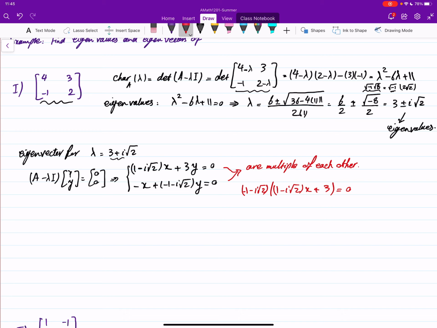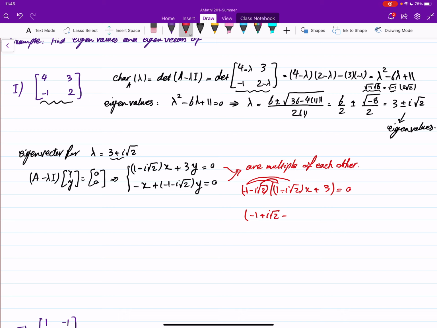So here I have two complex numbers I want to multiply. Minus 1 times 1 is negative 1. Minus 1 times minus i root 2 will be plus i root 2.